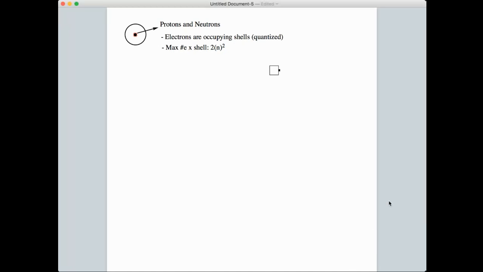What about shell number 2? What's the maximum number of electrons that we can find in shell number 2? Great. And what about shell number 3? 18, right? Good. So that's good to remember.